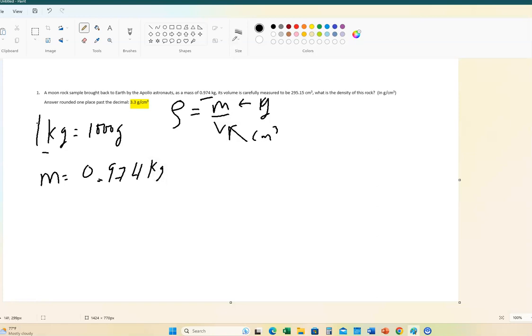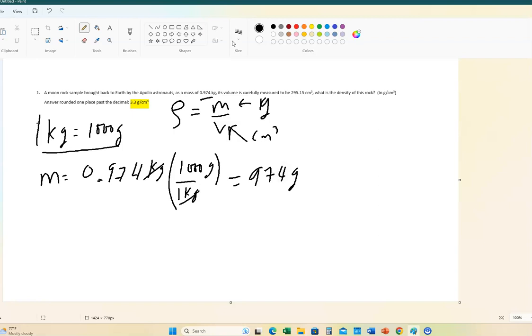And then we just use this conversion, right? I've got to cancel the kilograms, so I put 1 kilogram in the denominator and 1,000 grams in the numerator. The kilograms cancel, and you multiply the 0.974 by 1,000, it becomes 974 grams.